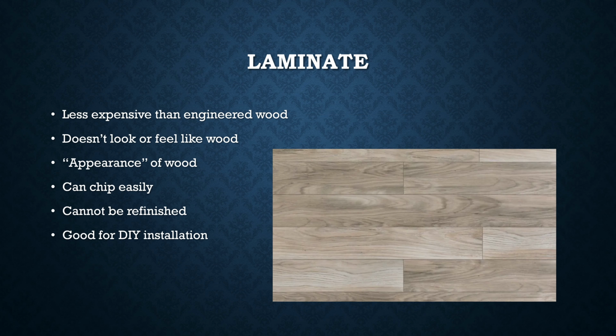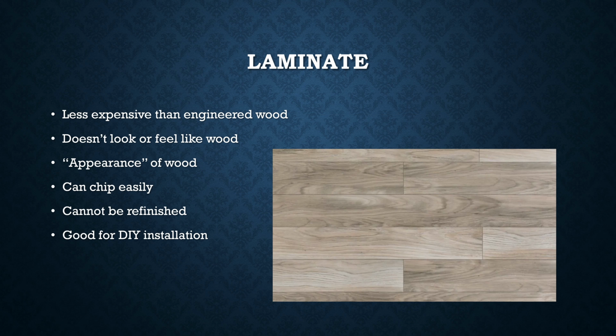Well, a less complicated process is laminate tile. Now, laminate is a lot like engineered wood, which is what we're going to talk about a little bit later, but it's less expensive. It is usually a particle board base with a laminate coating on top. And the wood grain can either be from a real piece of wood that's been put on top of that particle board, or it can be like a print.